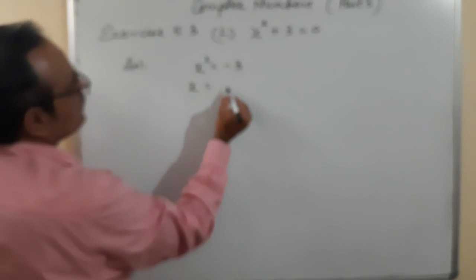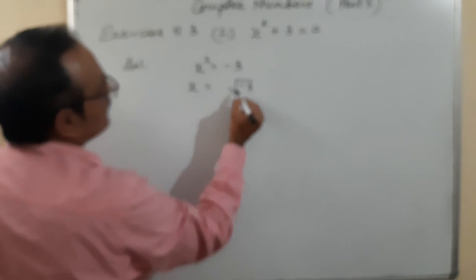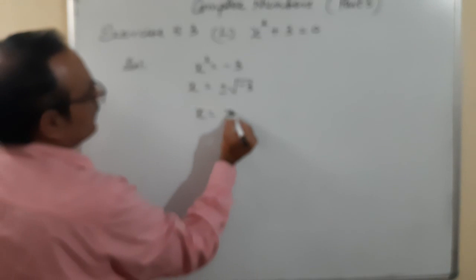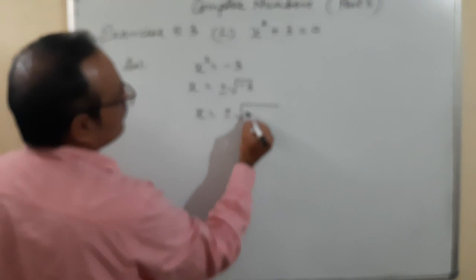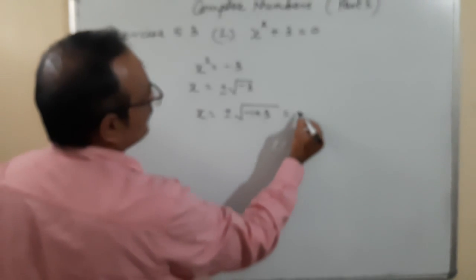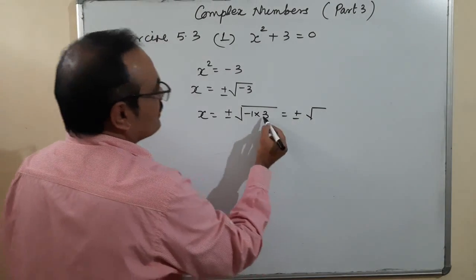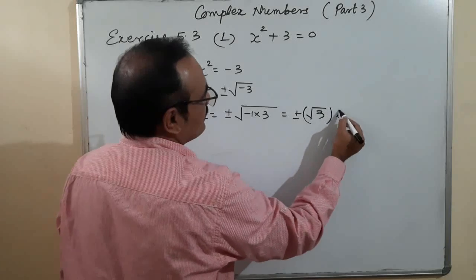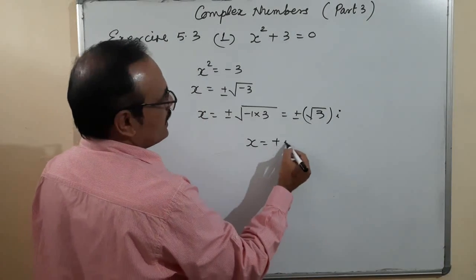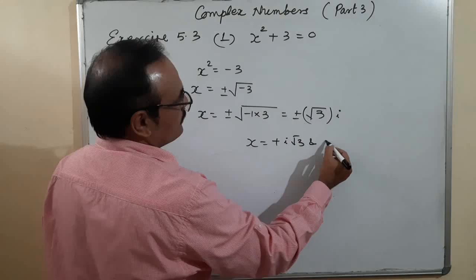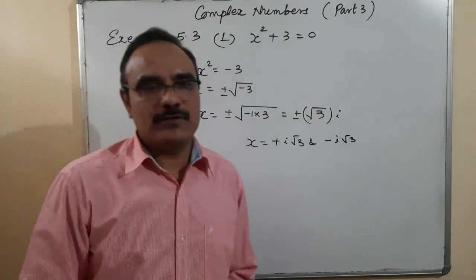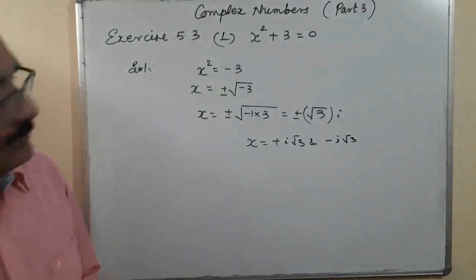Therefore, x is equal to plus minus under root minus 3, which is plus minus under root minus 1 multiplied by 3. That means plus minus under root 3, and the value of under root minus 1 is i. So x is equal to i root 3 and minus i root 3. There are two imaginary roots for the value of x. Okay, got it?